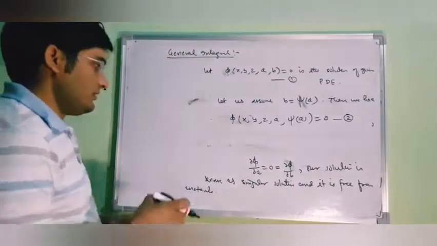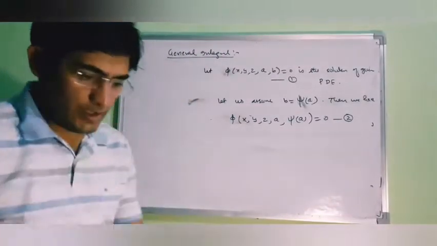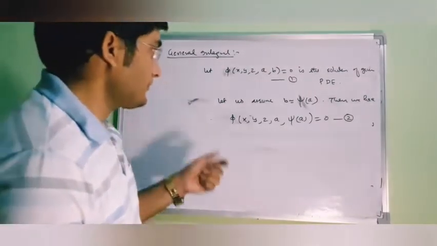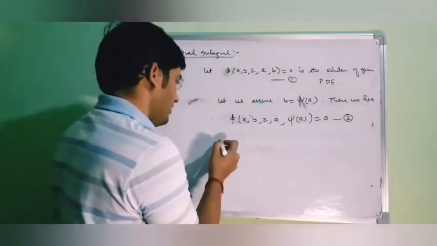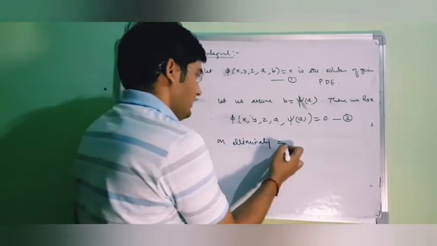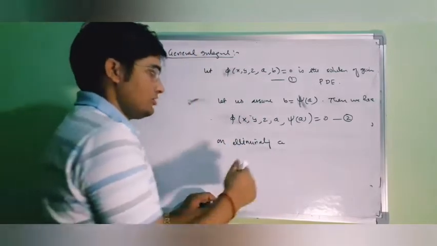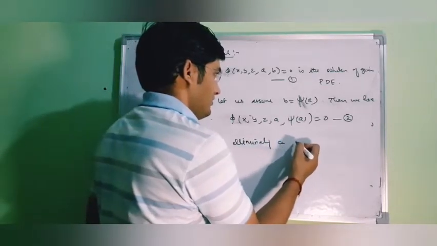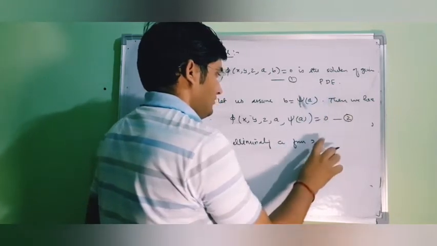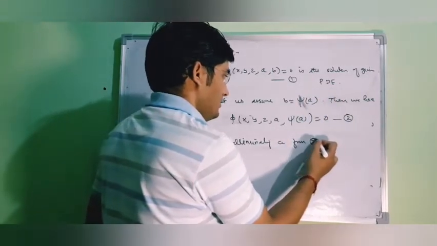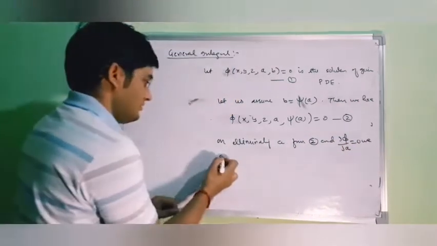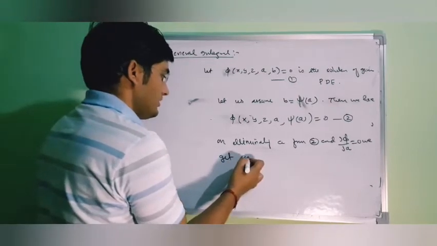Now if we eliminate small a from this, we have just one constant. So on eliminating a from 2 and del phi upon del a equal to 0, we get the general integral.